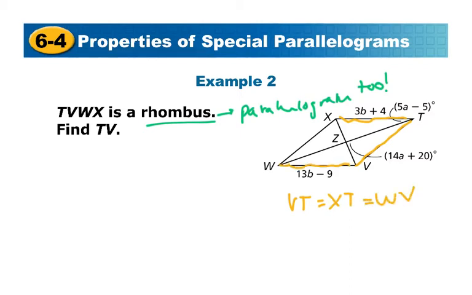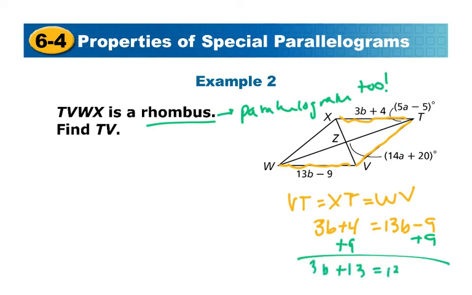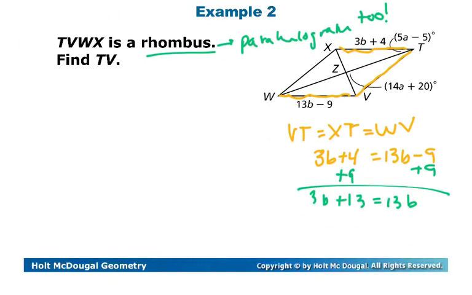And so algebraically, we're going to set up that XT, which is 3B plus 4, is equal to WV, which is 13B minus 9. Alright. So if we set them equal, let's see, I'll add a 9 over and get 3B plus 13 equals 13B. Then we can move our B over, so subtract a 3B over here.